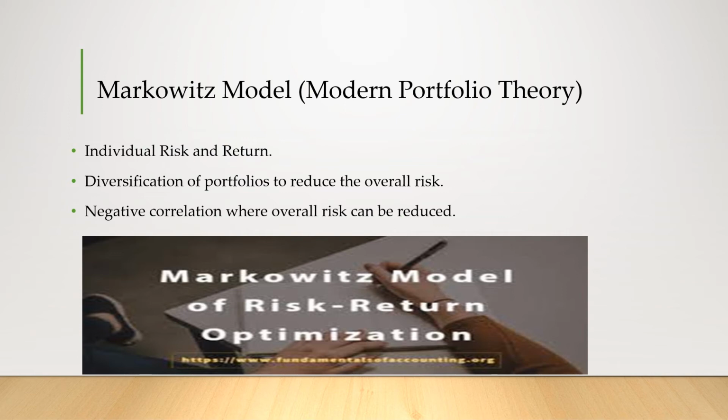If the shares of IOC and BPCL have reduced, then that particular risk can be compensated with the increase in the share value of Infosys. That means it becomes a negative correlation, wherein risk is compensated.